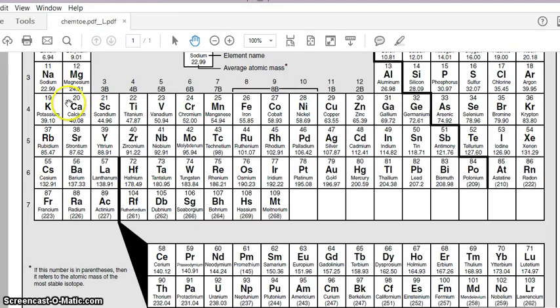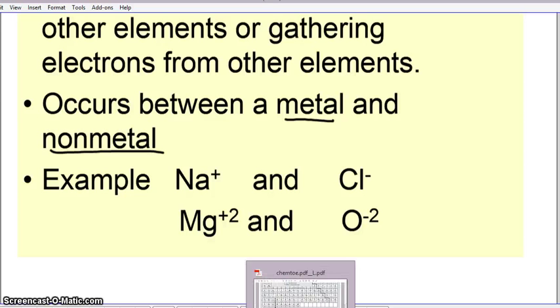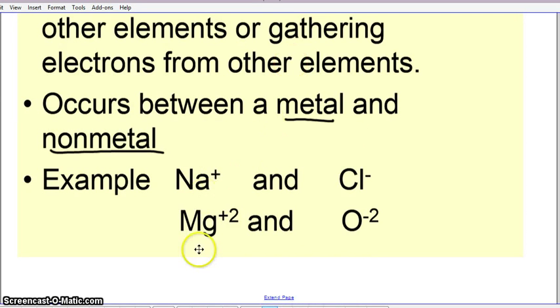Let's take magnesium. Magnesium is 12 and it is 24, so that's easy, right? Let's draw this out.